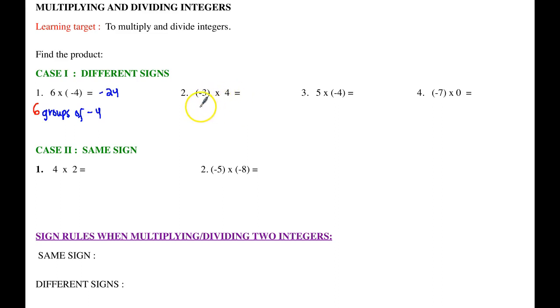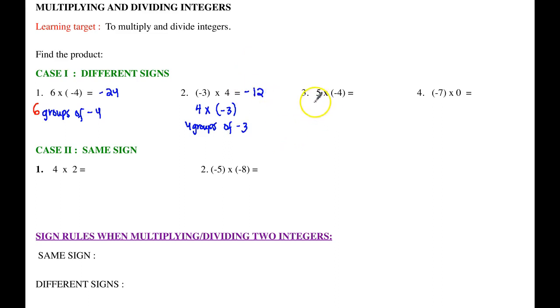So we can rewrite this as 4 times negative 3. So now we have 4 groups of negative 3. And again, 4 groups of negative 3 is just repeated addition. So you have negative 3 plus negative 3 plus negative 3 plus negative 3. That means you're going to have negative 12.